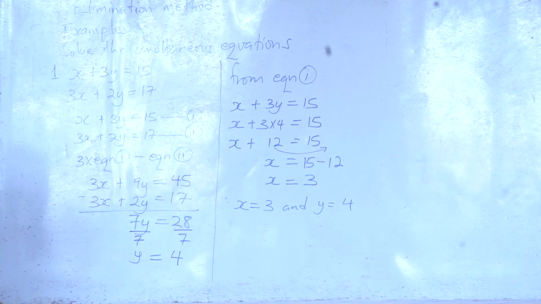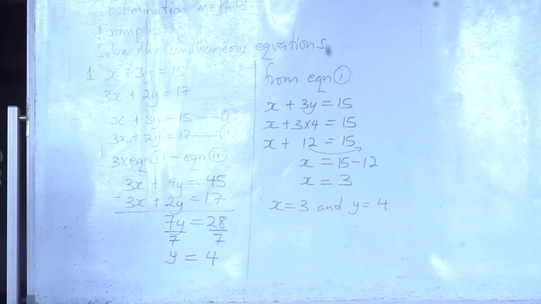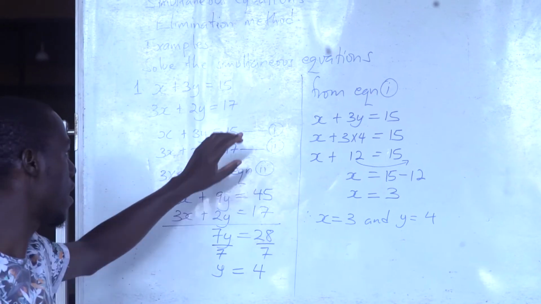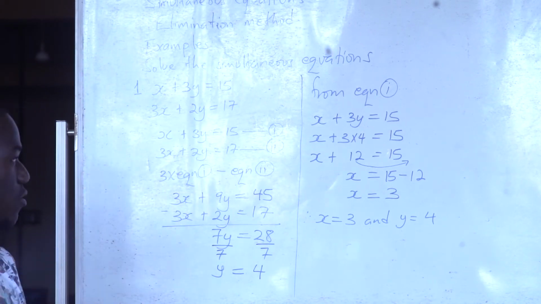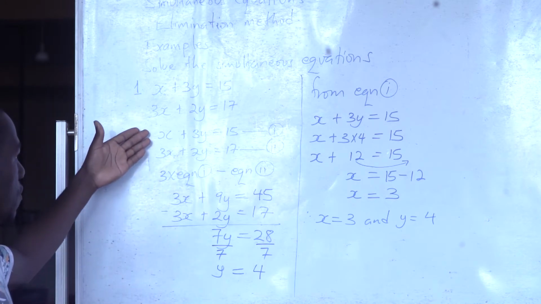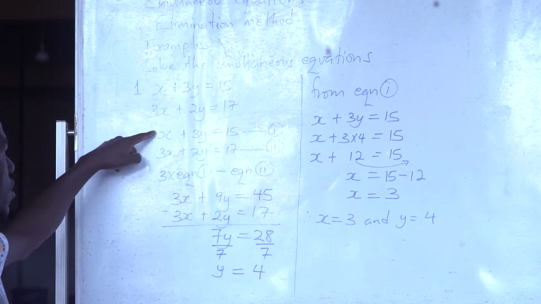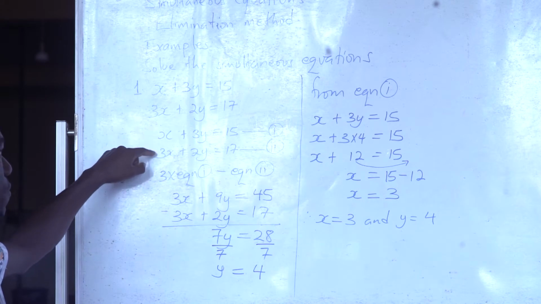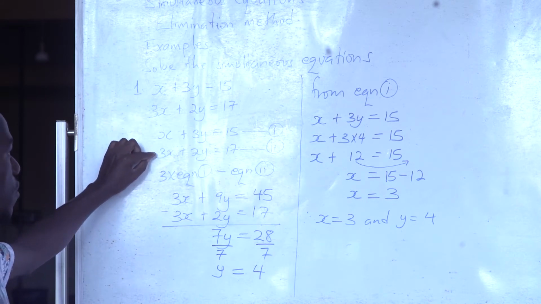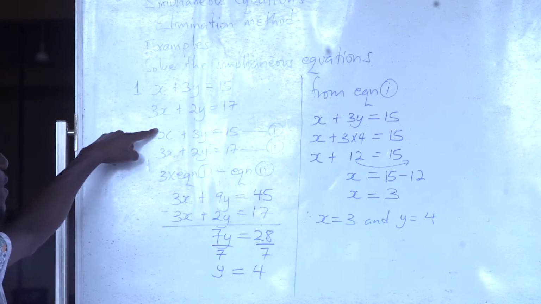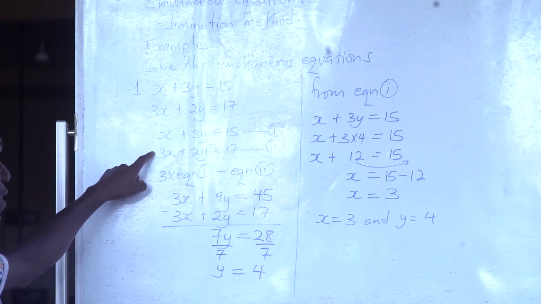So to repeat the steps for you, we have first labeled our equations. Then step 2, identify the unknown that you want to eliminate. If it is x, check whether the coefficients are the same. If they are not the same, you get the coefficient there, multiply it there, then that one, you multiply it there.